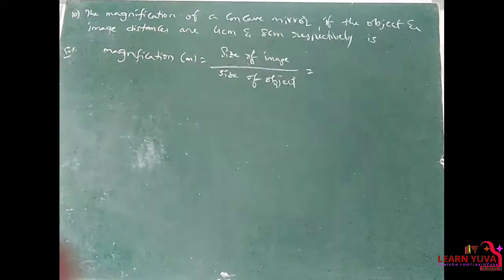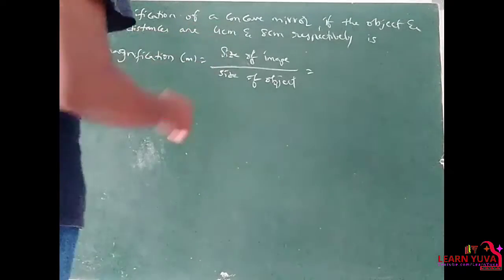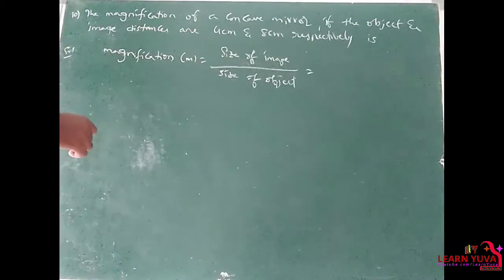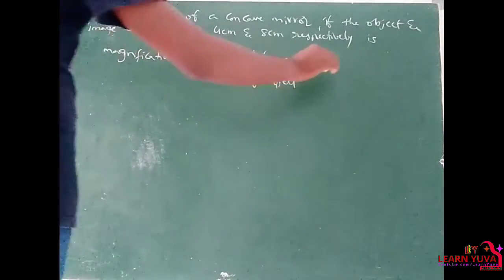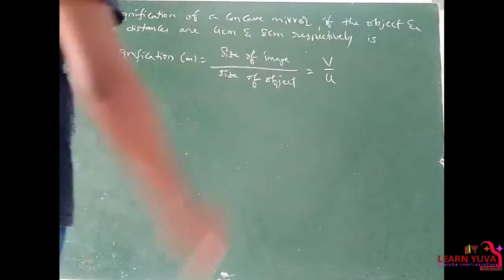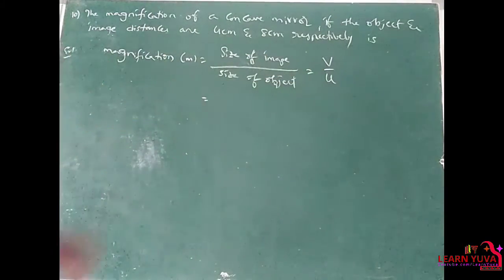So for a concave mirror, v and u are negative, so negative and negative get cancelled. Size of image by size of object is also equal to minus v by u.